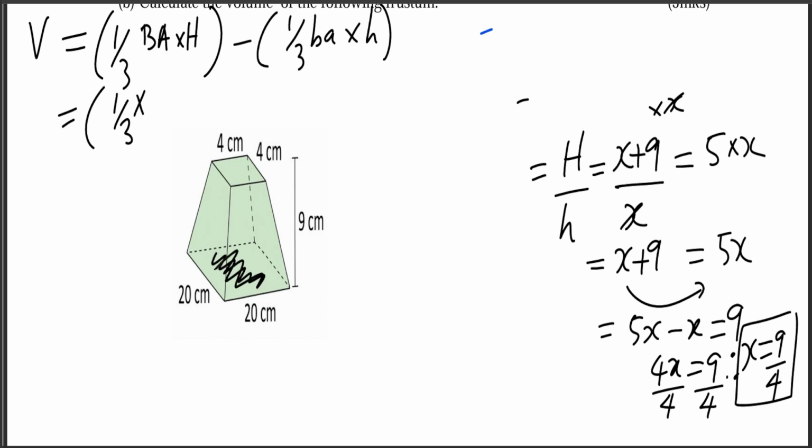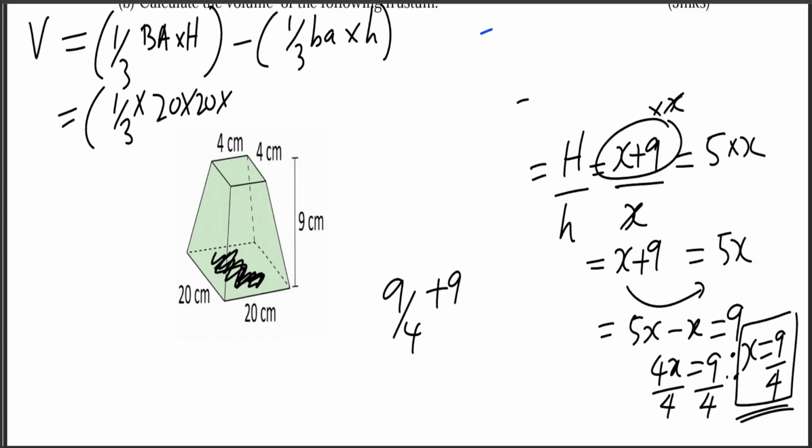This is the base area of your bigger pyramid, 20 times 20, times the larger height, which is 9 over 4 plus 9. 9 over 4 plus 9, your larger height, is equal to 11.25.